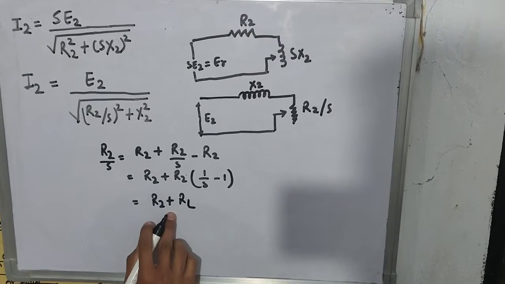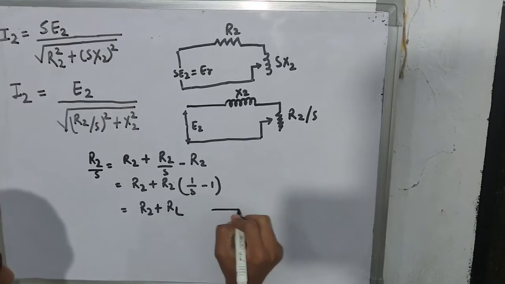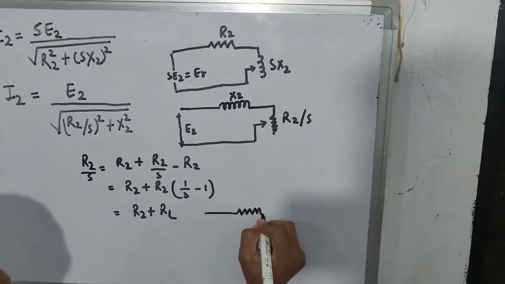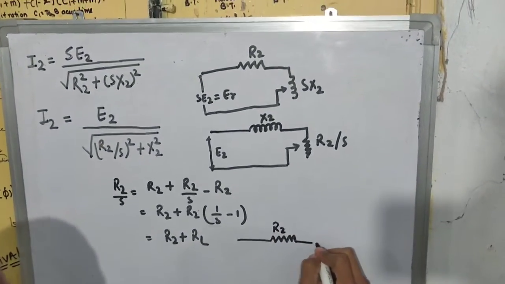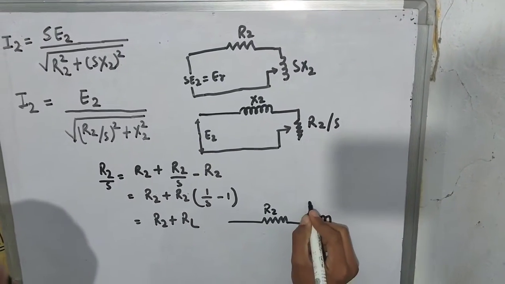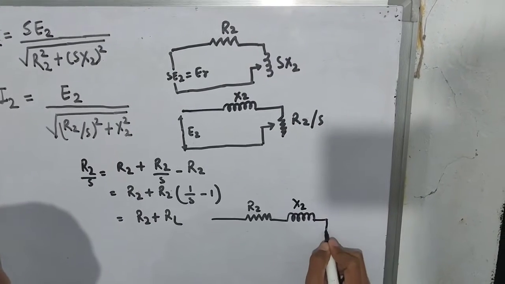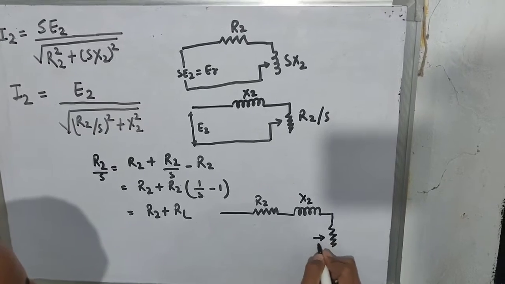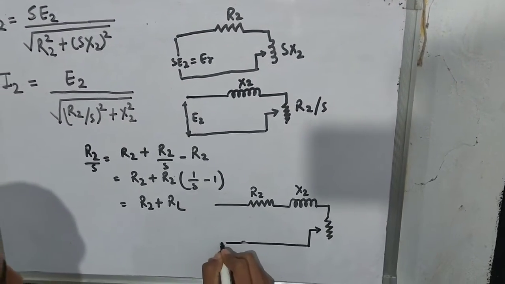So for this equation, the circuit is like R2 constant resistance, constant reactance and variable load resistance.